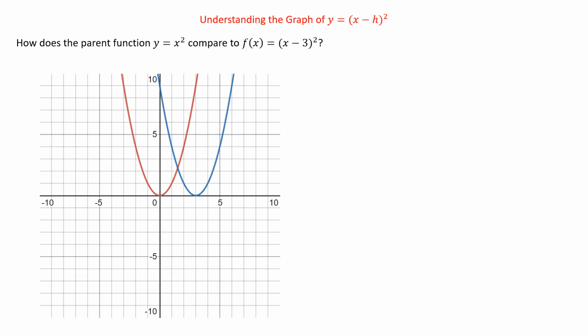Did that go the way you thought it was going to go? Remember, it's x minus h. So in this case, h equals 3, not negative 3. Notice here we just took this and we went over 3.